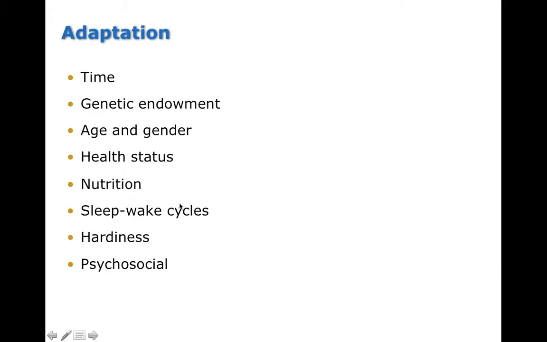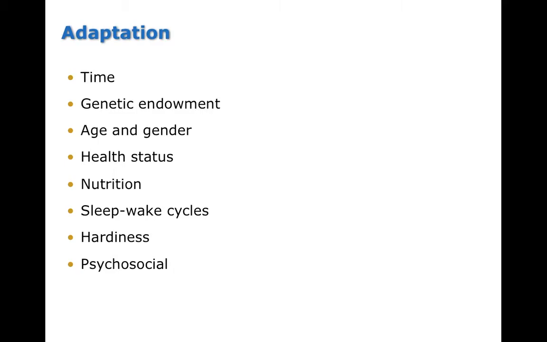Nutritional factors, how much sleep you've had, because we talked about sleep as having an antioxidant and restorative function on your body's cells. Psychosocial factors like psychologically, are you able to deal with stressors and undergo the activities that would help to psychologically lead to a lower amount of stress?